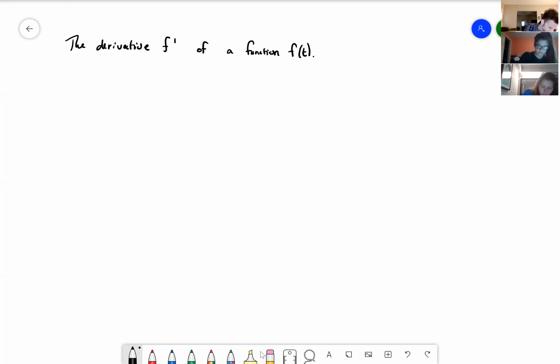What we'll do is try to compute the Laplace transform of this f prime. So we'll start off with the integral from 0 to a of e to the minus st f prime of t.